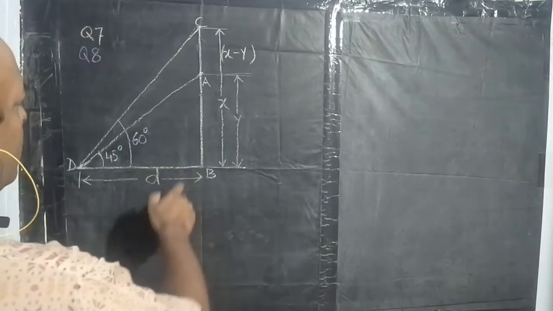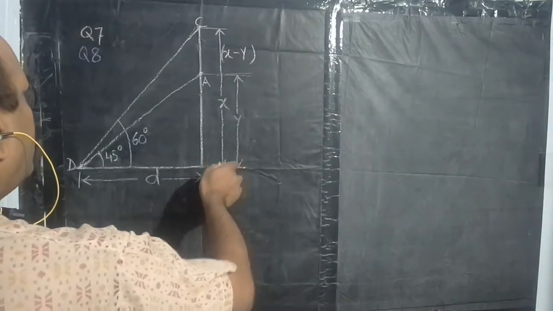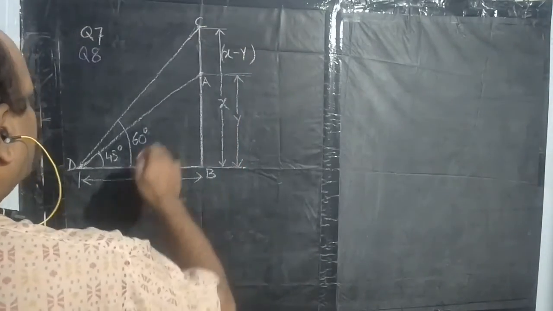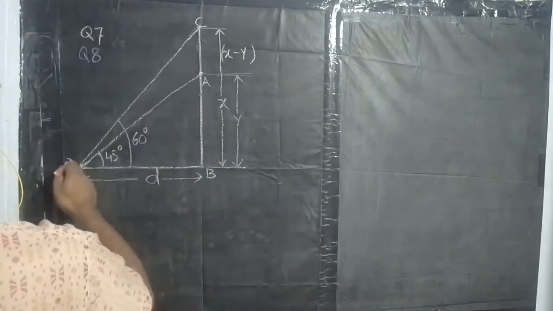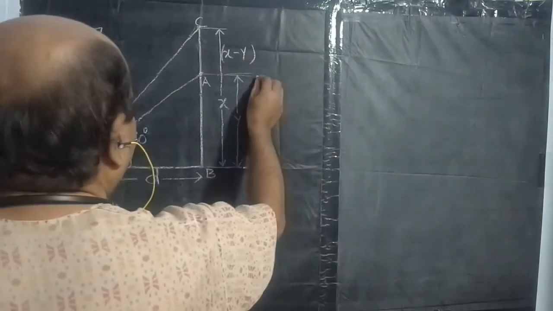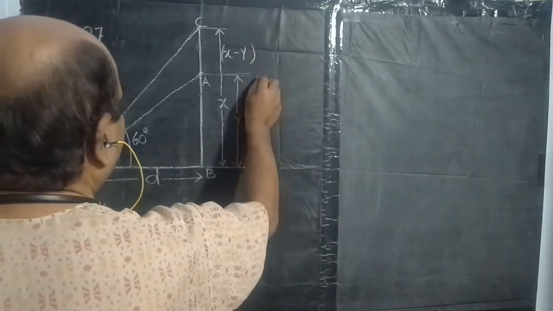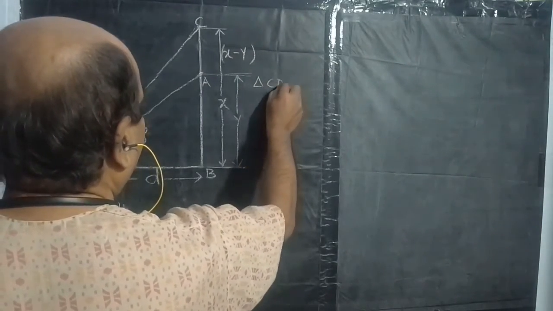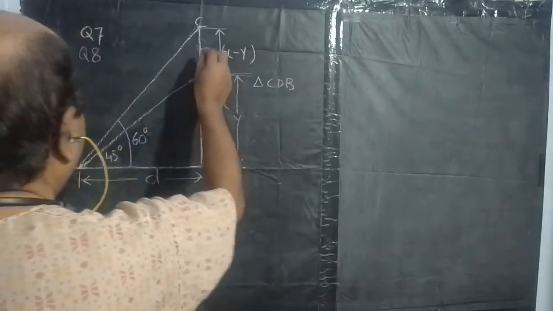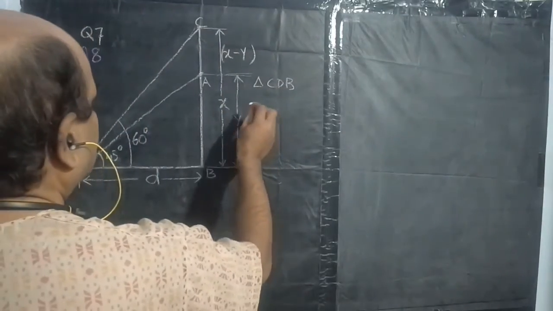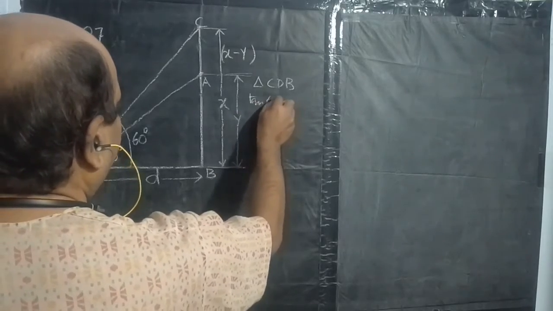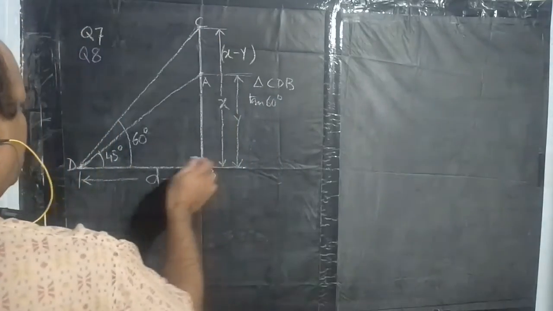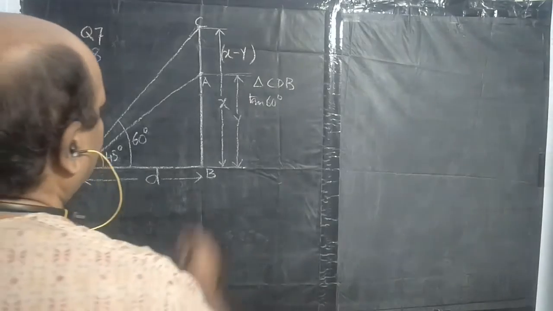Now first we take the big triangle, that is CDB. In triangle CDB, the angle is 60 degree, so tan 60 degree. Why tan 60 degree? Because opposite side and adjacent side.